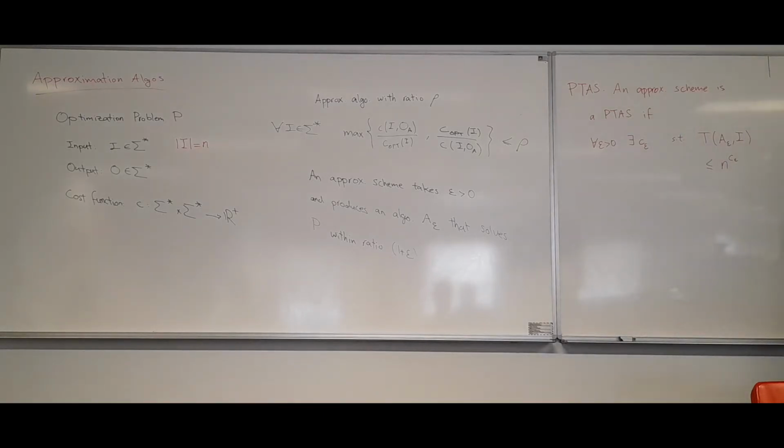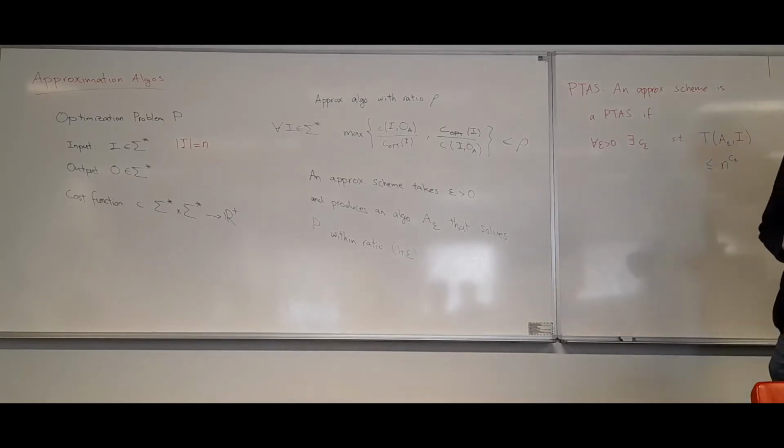Okay, so again, this is very similar. It's basically the same thing as the definition of an XP algorithm. So if you fix your epsilon, you're going to have a polynomial time algorithm, right? But the degree of the polynomial can depend on the epsilon. So this is called a PTAS.